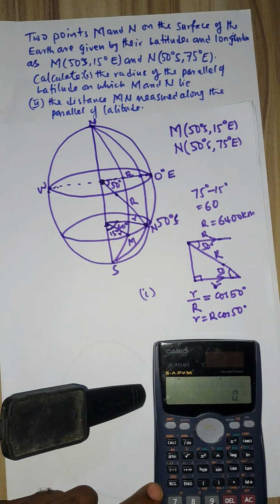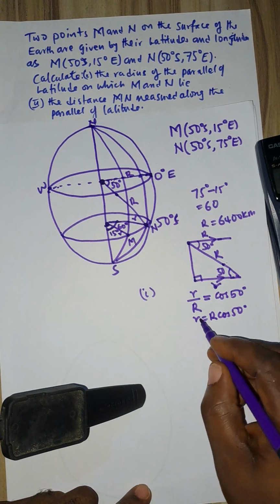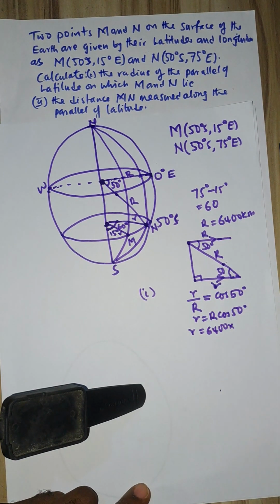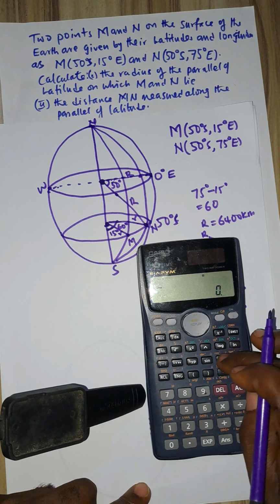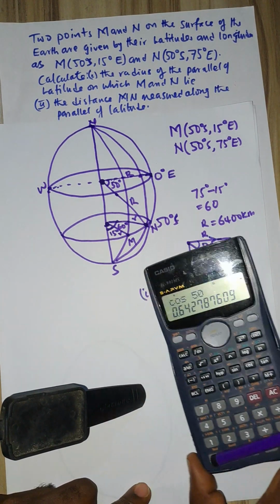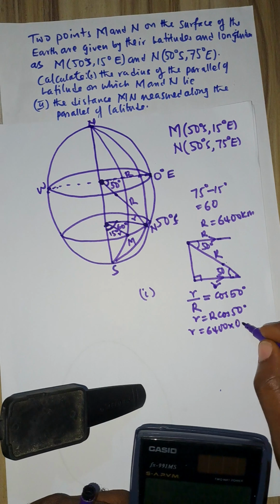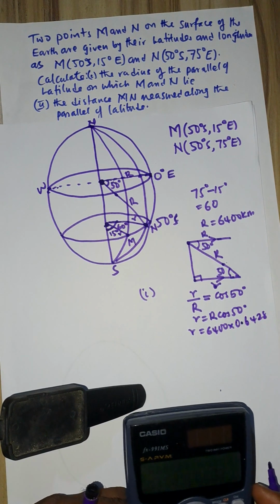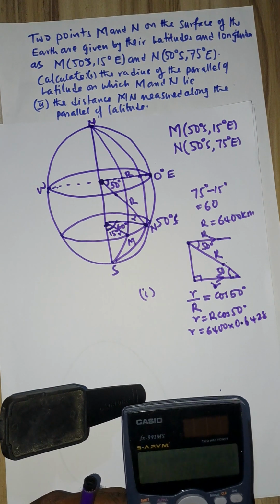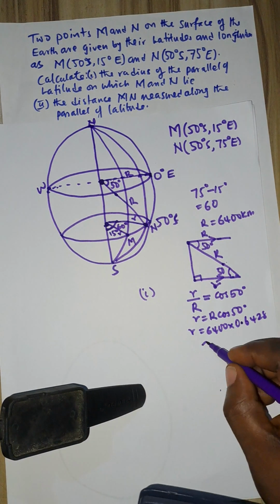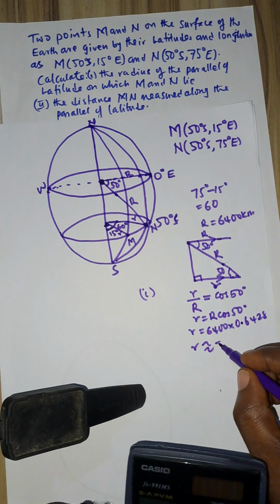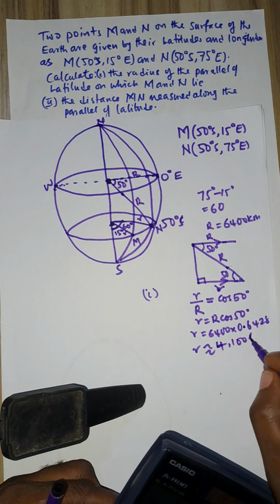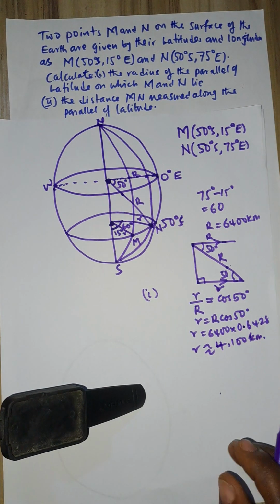We know R is 6400, so r is 0.6428 times 6400, which is approximately 4100 kilometers.